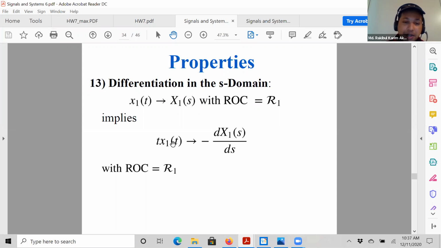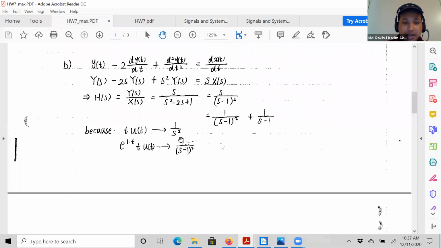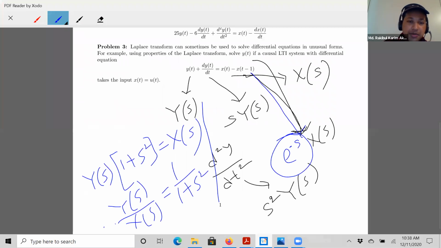And also this form that I need right now. If you multiply by t in the time domain, in the s domain you have to take the derivative and also multiply with a minus sign. Same thing here. If you take the derivative of 1 by s minus 1, what will happen? It is kind of a 1 by x form. If you take the derivative, it becomes 1 by x square.